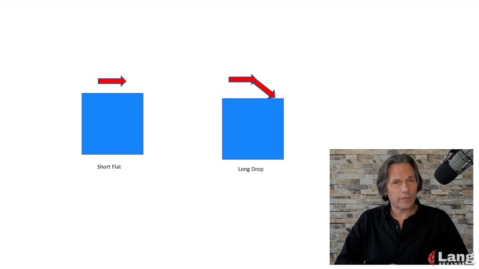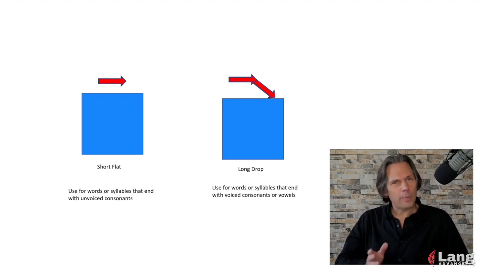We just finished looking at the short flat tone, which is used in syllables that end with unvoiced consonants. And before that, we looked at the long drop tone, which is used in syllables that end with a vowel or a voiced consonant. We're just going to go a little further with this now and compare the long drop and the short flat by saying pairs of words one at a time, one with the short flat tone and one with the long drop tone.